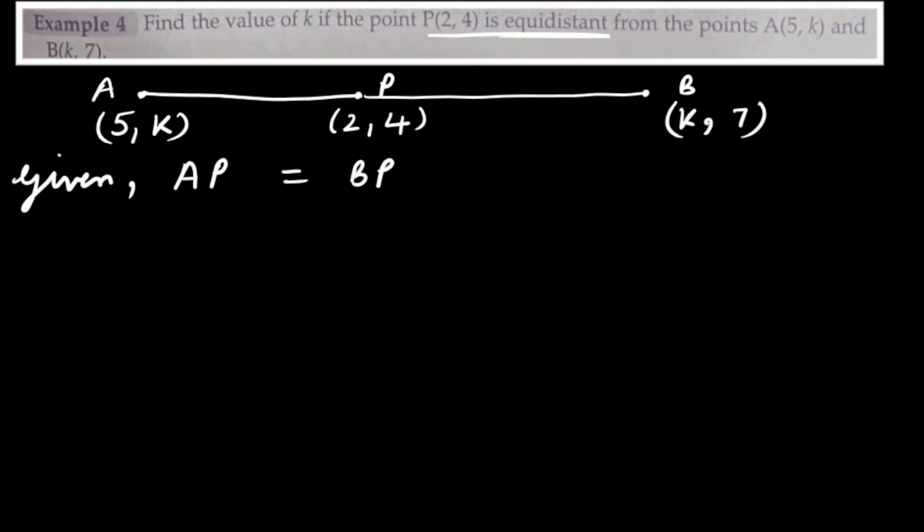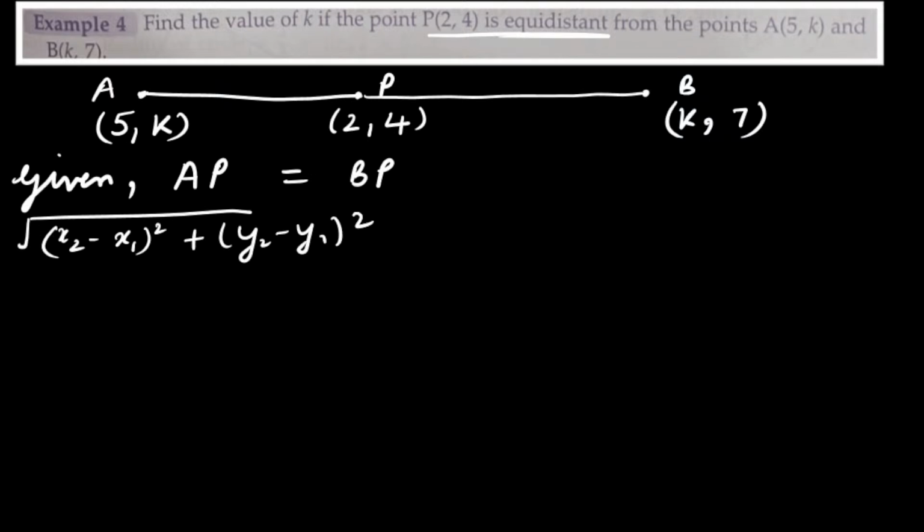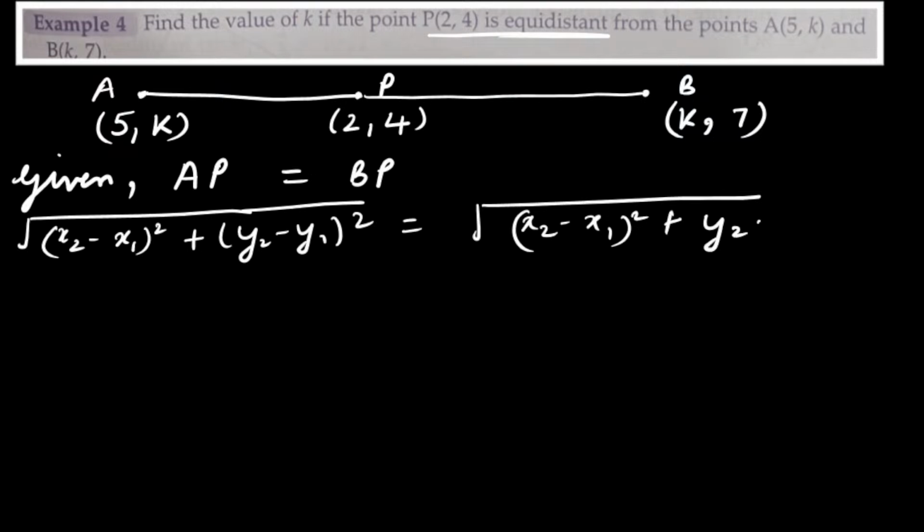For AP, the distance formula is the same on both sides: square root of x2 minus x1 whole square plus y2 minus y1 whole square. Just remember, the square root is present on both sides.